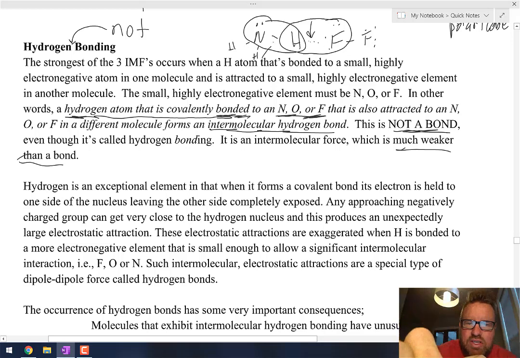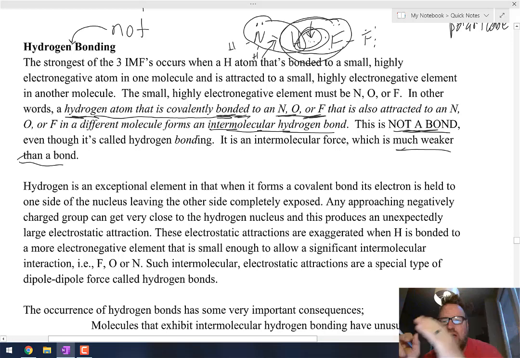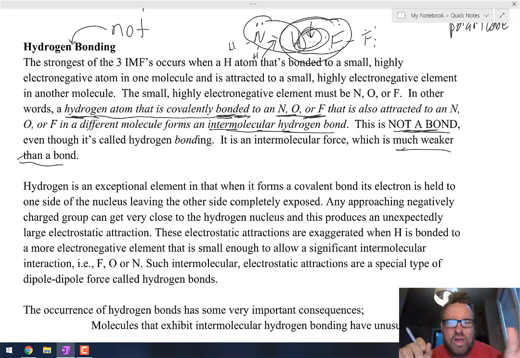Again, this right here is not the hydrogen bond. That's a covalent bond between nitrogen and hydrogen. This attraction right here that occurs between the hydrogen in one molecule and a nitrogen, oxygen, or fluorine in another molecule is that intermolecular hydrogen bond.